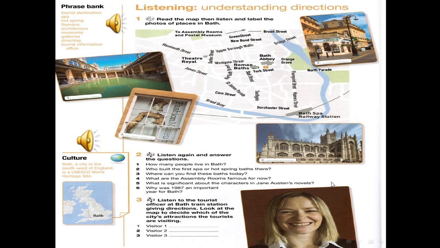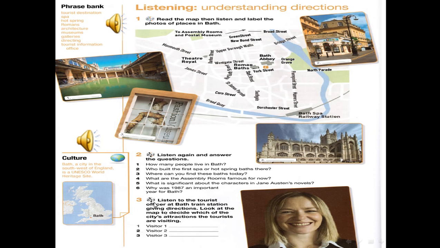Number 6. Why was 1987 an important year for Bath? The answer, because UNESCO selected Bath, the city, as a World Heritage Site.